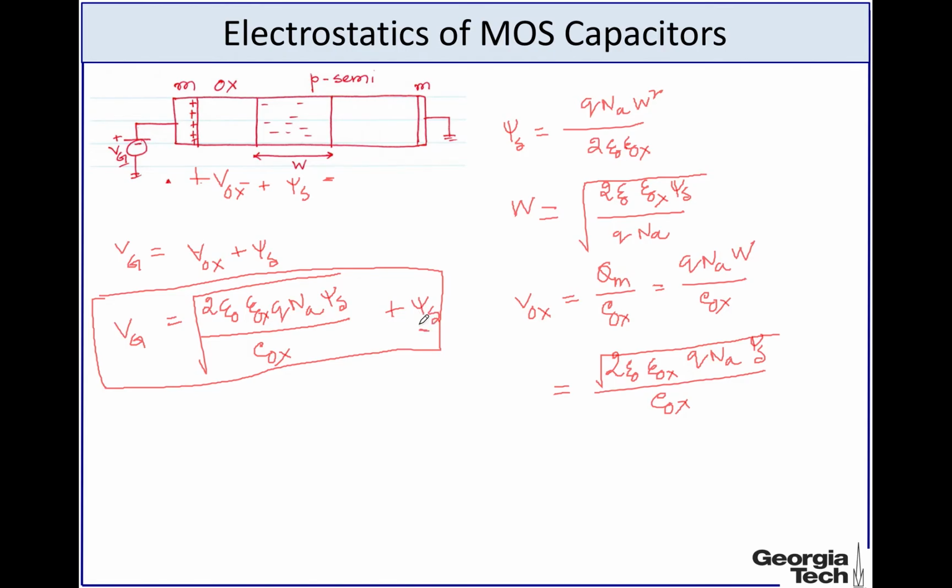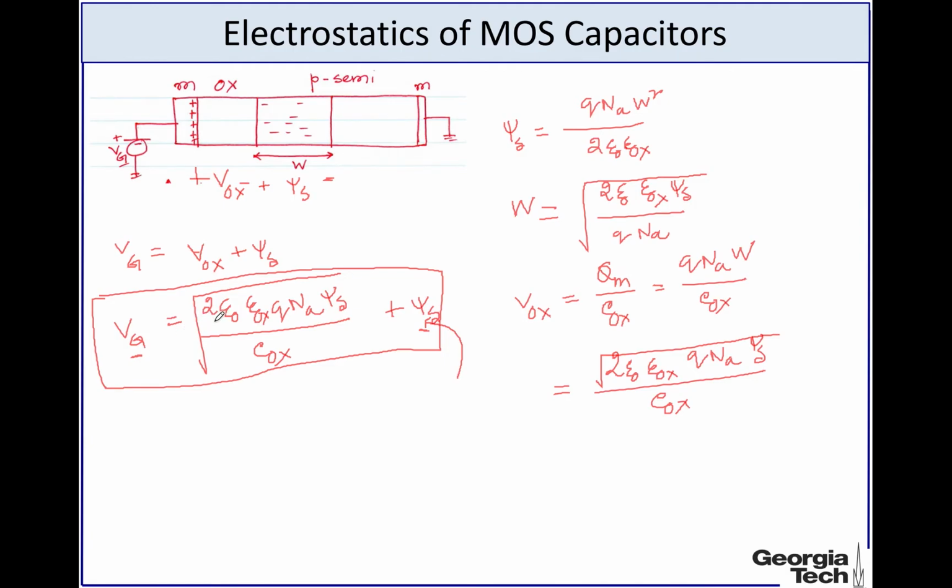Now in the next couple of slides what we are going to do is find the value of psi s when the system reaches inversion, and if we plug that value of psi s into this equation, we can get the equation for threshold voltage.